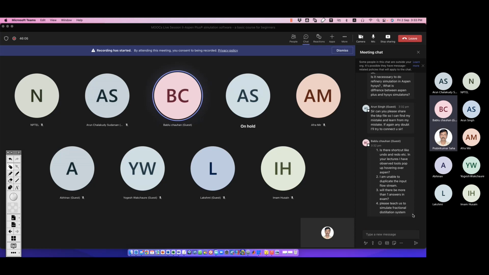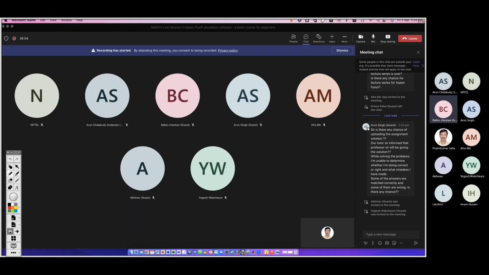Am I audible? Yes, you are audible. You use some tools hovering over Aspen to go back to the flow sheets and jump to other sheets. Currently it is open on your screen also. This one, the arrow icons, left and right, below two icons.